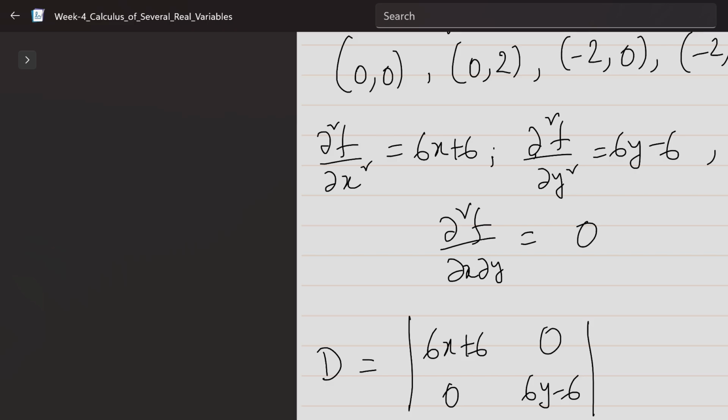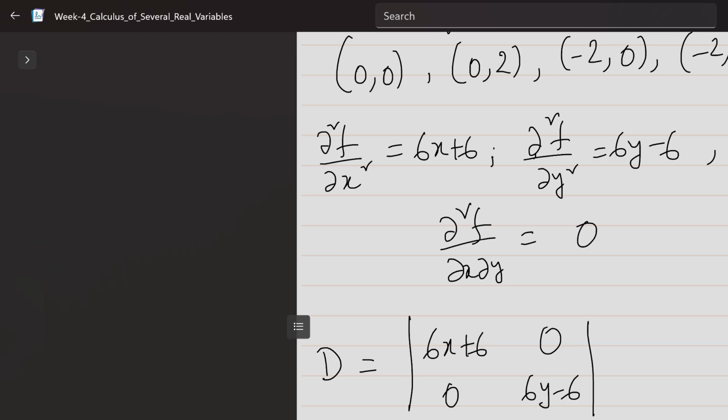Okay. Now this D depends on x and y. So there can be many possibilities for local, global, everything. But since you have the critical points already, here the critical points, only local or global maximum it will give our saddle point. So what about 0, 0? It is 6 into minus 6, so negative, right?